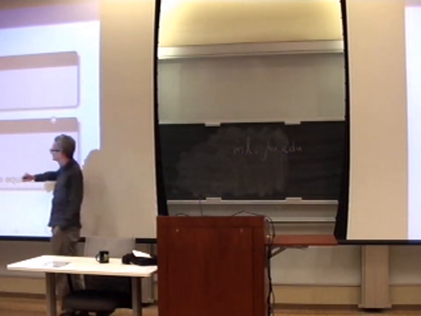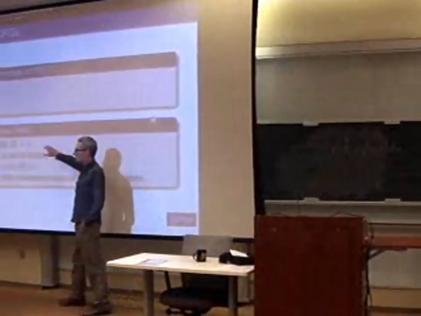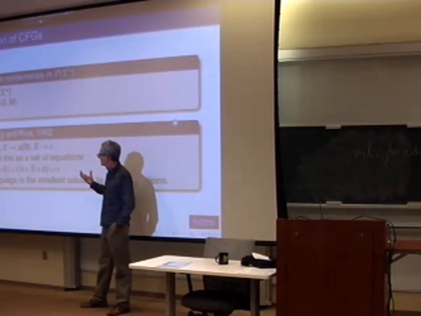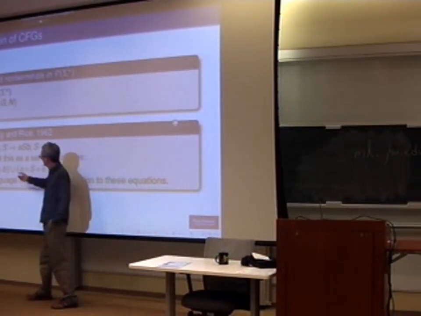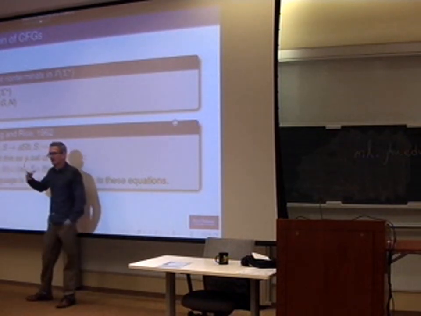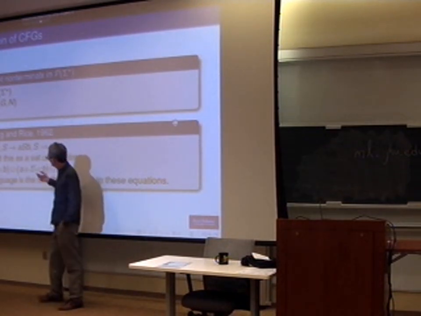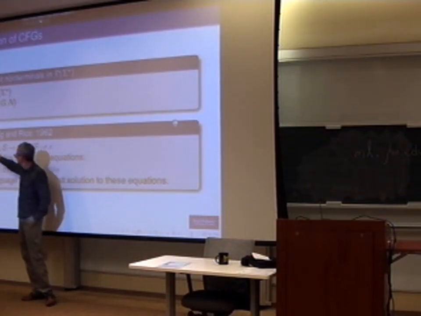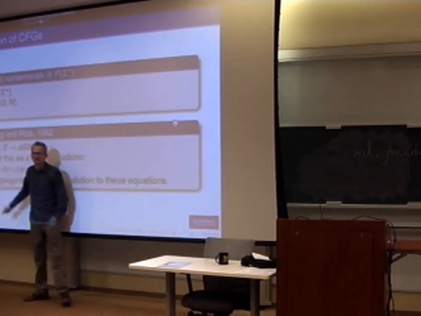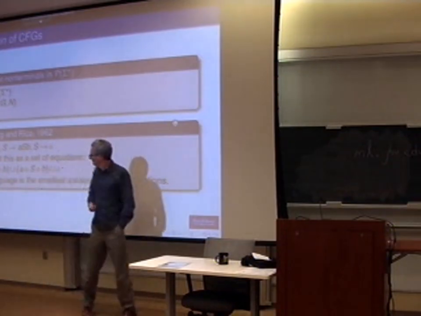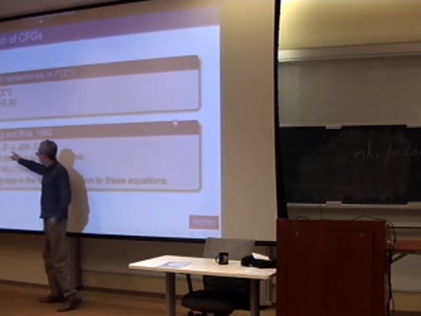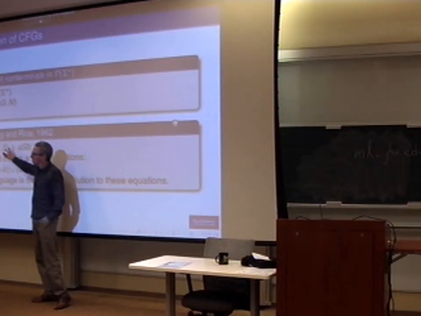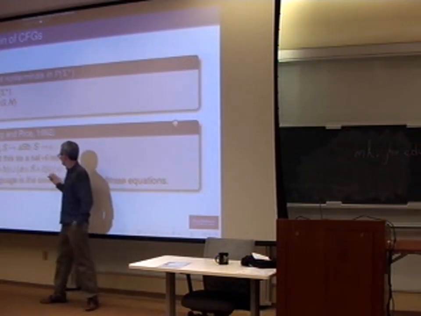Now, what Ginsburg and Rice show is that if you have some context-free grammar, maybe which just has this set of productions here, we can view this as a set of equations, right, where the S, now instead of being a symbol, is a variable that refers to a set of strings, and we can convert the right-hand sides of each of these productions by using this concatenation operation, which is just concatenation of sets of strings, and where we have several different productions with the same left-hand side, we take the union of them.